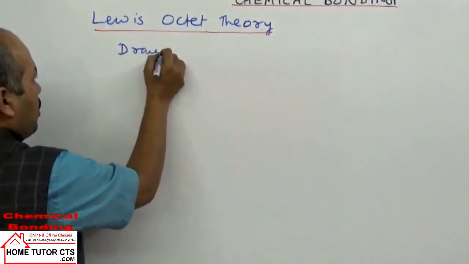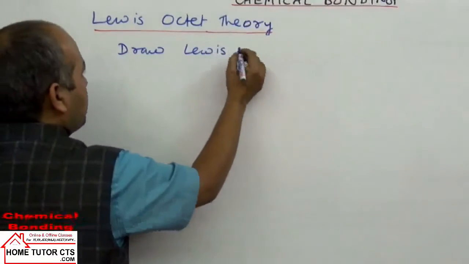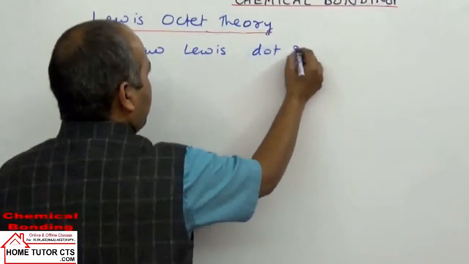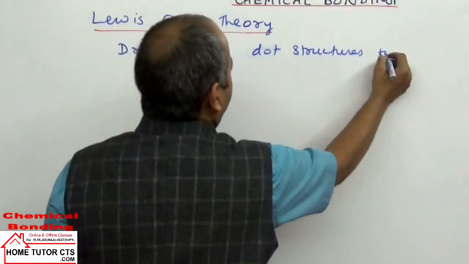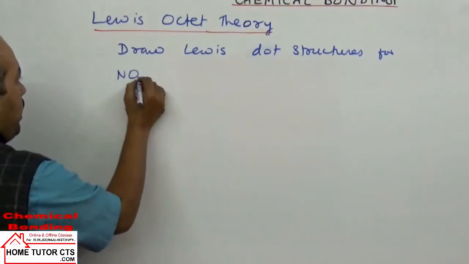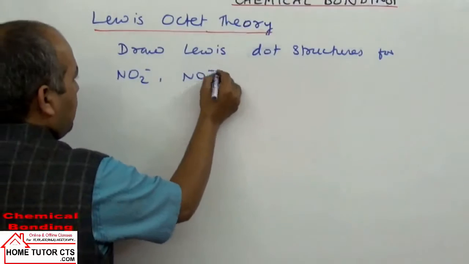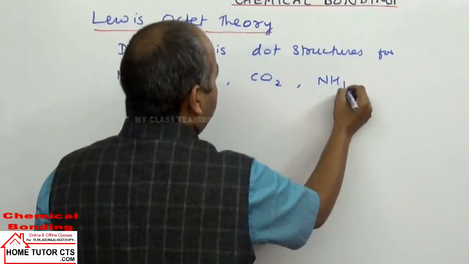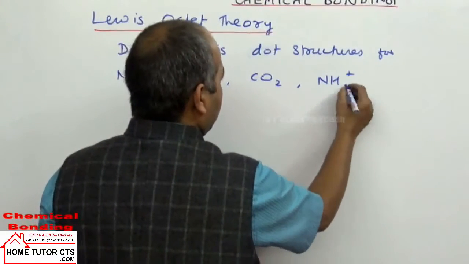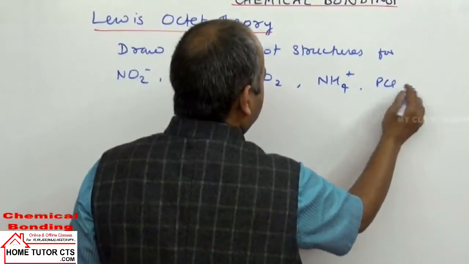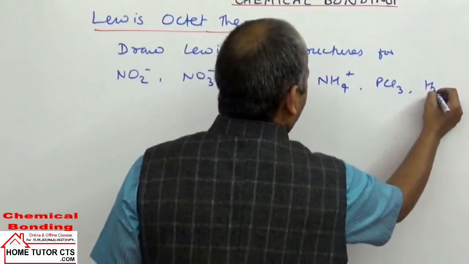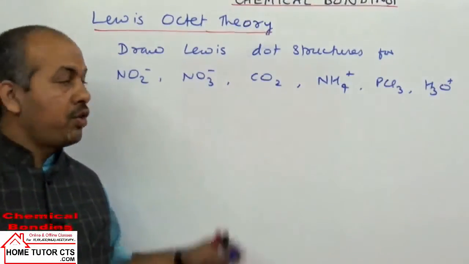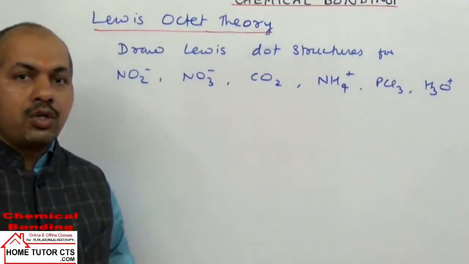Draw the Lewis dot structures for NO2 minus, nitrate ion, CO2, NH4 plus, PCl3, H3O plus. Draw these structures for these ions or molecules. You draw the Lewis dot structure yourself.